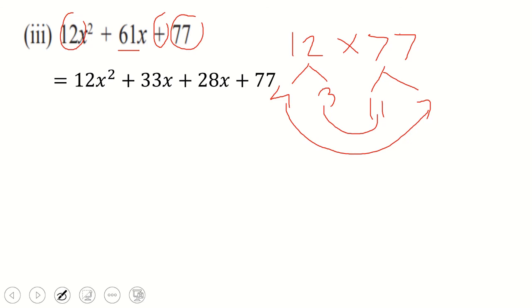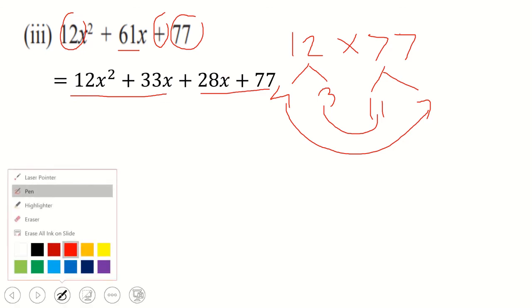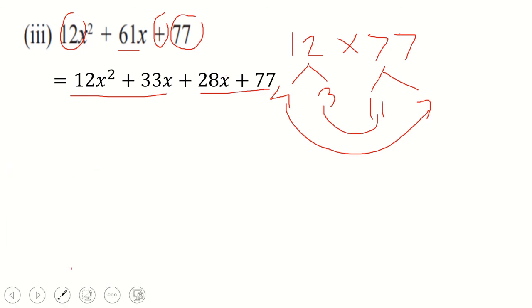I am going to split the middle term as 33x plus 28x. The next step is to make the groups. After making the groups, you will find that some numbers are common.